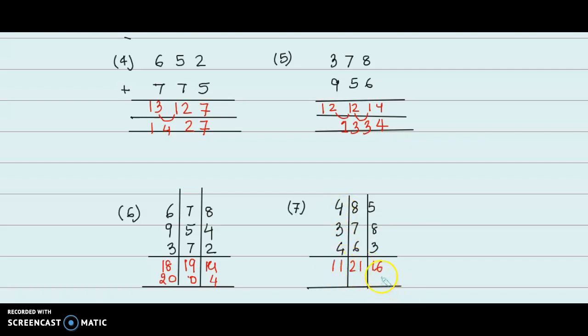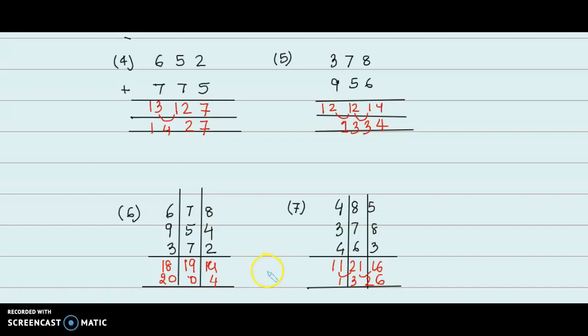And in the second step, as usual, we will write 6. 1 plus 1, 2. 2 plus 1, 3. And then 1. So 1, 3, 2, 6. 1326. That will be the answer.